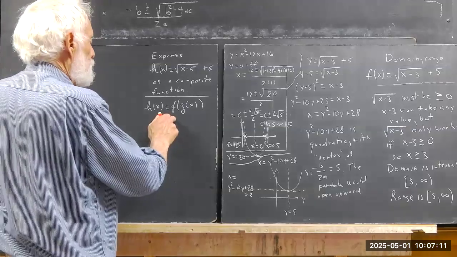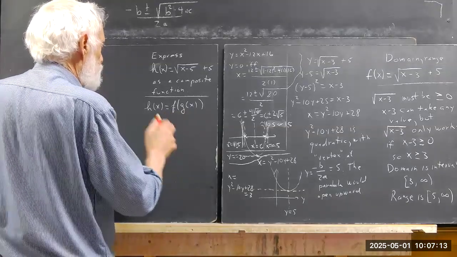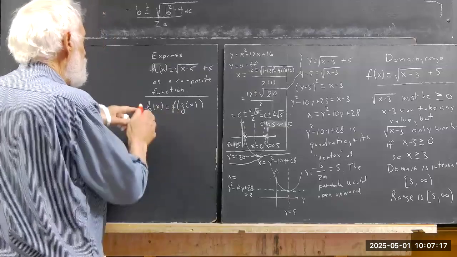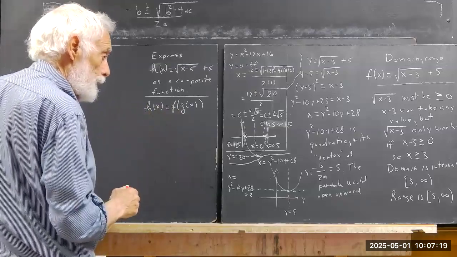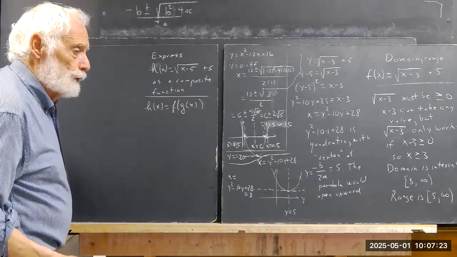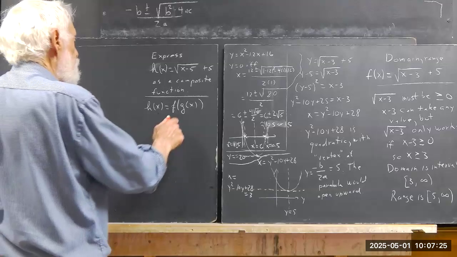Okay, now that's also written f circle g of x. f circle g is the name of this composite function. But we also use the name h of x. But I'm not going to get into a lot of detail on that distinction.